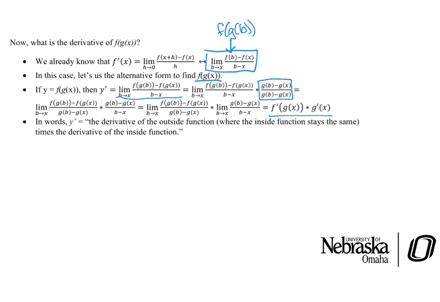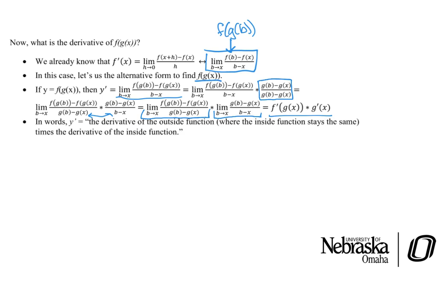Okay, now it doesn't seem immediately obvious, but if you look at the next step, they just switched the denominators, right? And now we're going to apply the limit to both of these, okay? And the reason for that is then we can see that the first is the definition of the limit of f prime of g of x, and the second portion is equal to the definition of the limit of g of x.